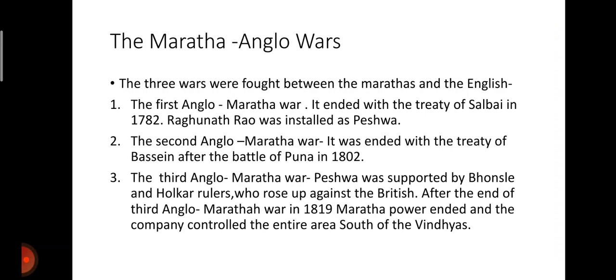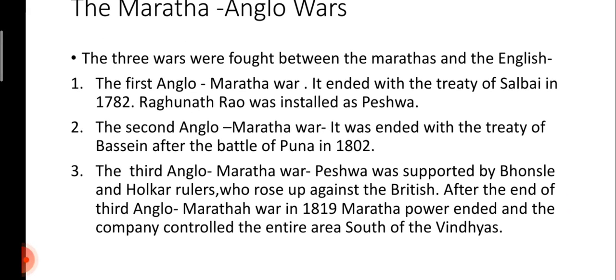The three Anglo-Maratha Wars were fought between the Marathas and the English. The First Anglo-Maratha War ended with the Treaty of Salbai in 1782. Raghunath Rao was installed as Peshwa.